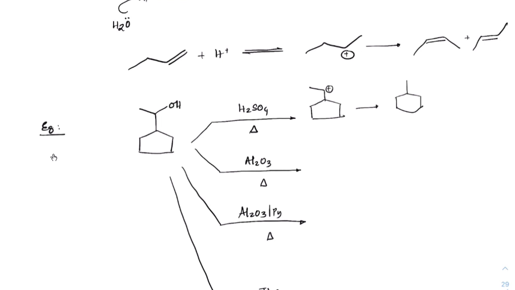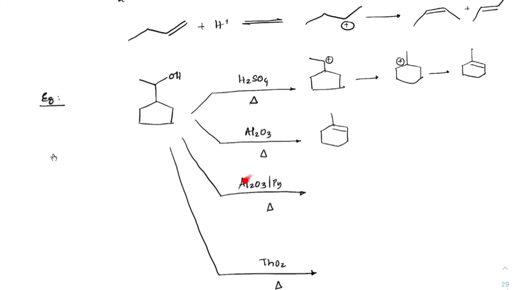Finally, carbocation will come here, and from there alkene will form. So this will be the final product. Al2O3 will also give Saytzeff as the major product with rearrangement, which means all the similar steps will happen with Al2O3 also, and finally you'll get this product.